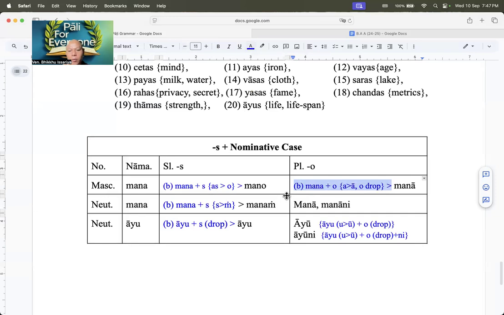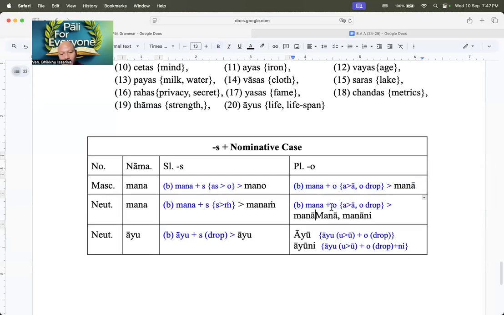Okay. So here for the neuter also two forms. So the first one is the same as from the B stem. So mana, and the ending actually they are all dropped. So mana. But the second one, that mana. So neuter gender plural sign ni is added.